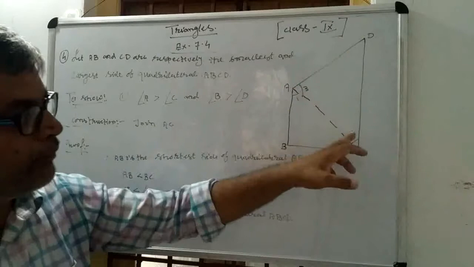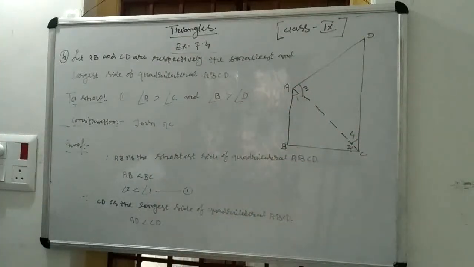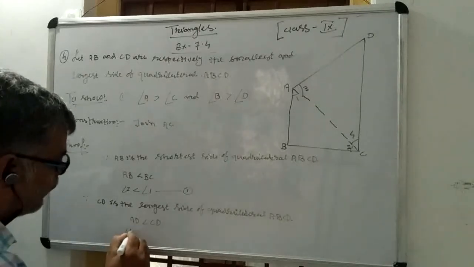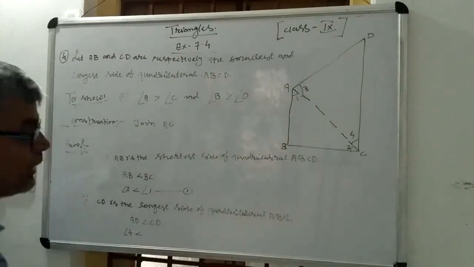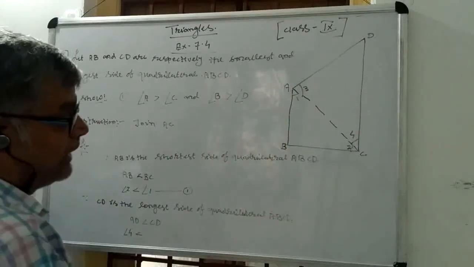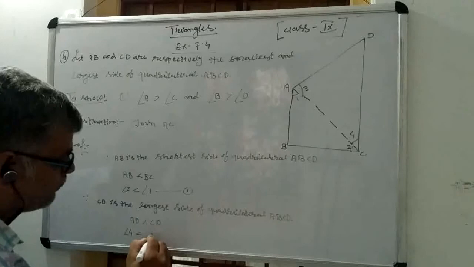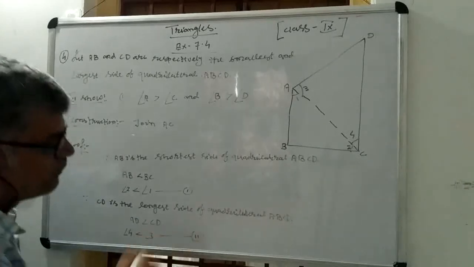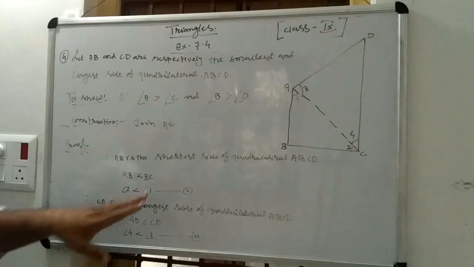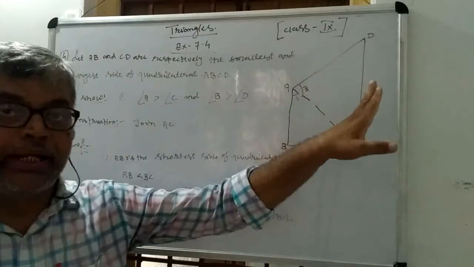Now the angle opposite to the smaller side AD is angle 4. So your angle 4 will be smaller than the angle opposite to the largest side CD, that is angle 3. Make it clear here.